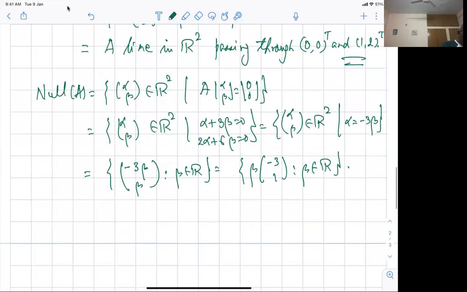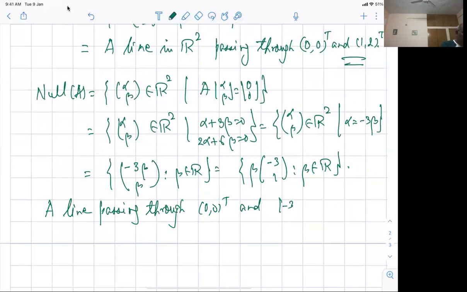So it is a line passing through (0, 0) and (minus 3, 1) transpose in R.